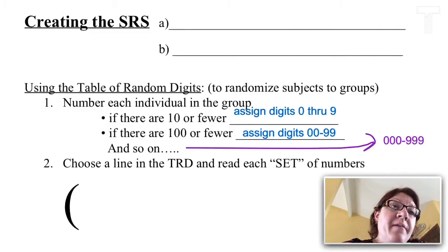So if I have 10 individuals or fewer, I can assign them the digits 1 through 9. If I have 100 or fewer, I can use the digits 00 through 99.